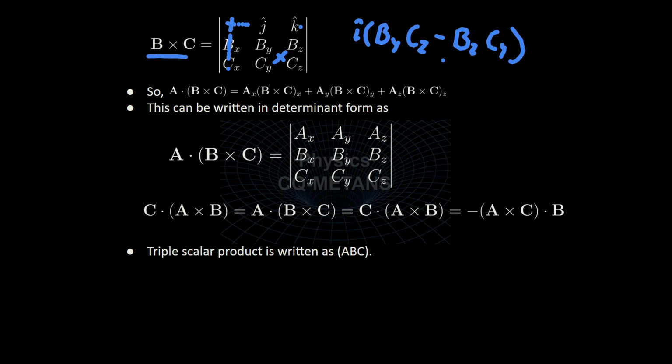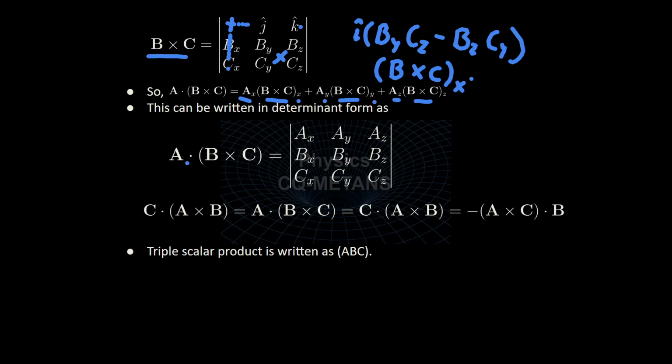So this component we call the B cross C x component because it is in the i direction. So A dot B cross C is Ax times the B cross C x component, plus Ay times the B cross C y component, plus Az times the B cross C z component.